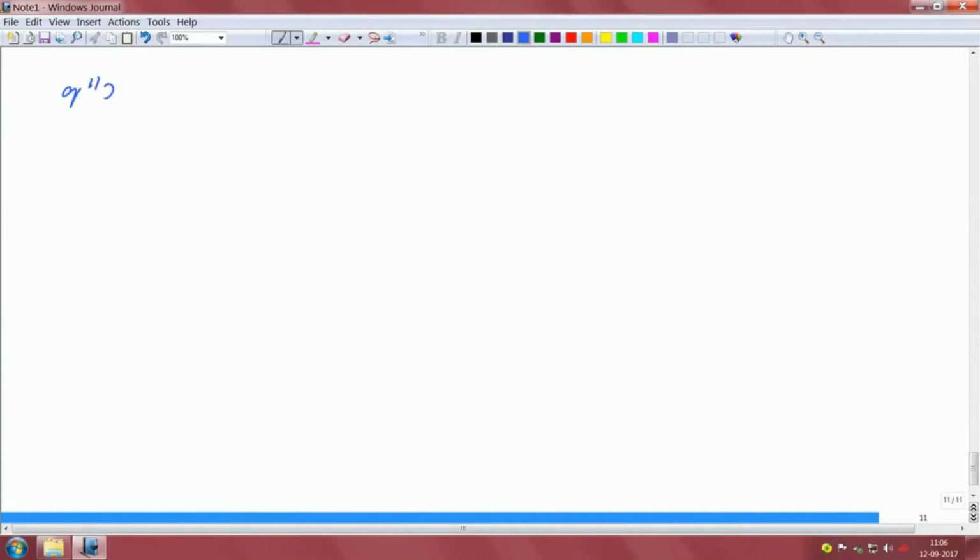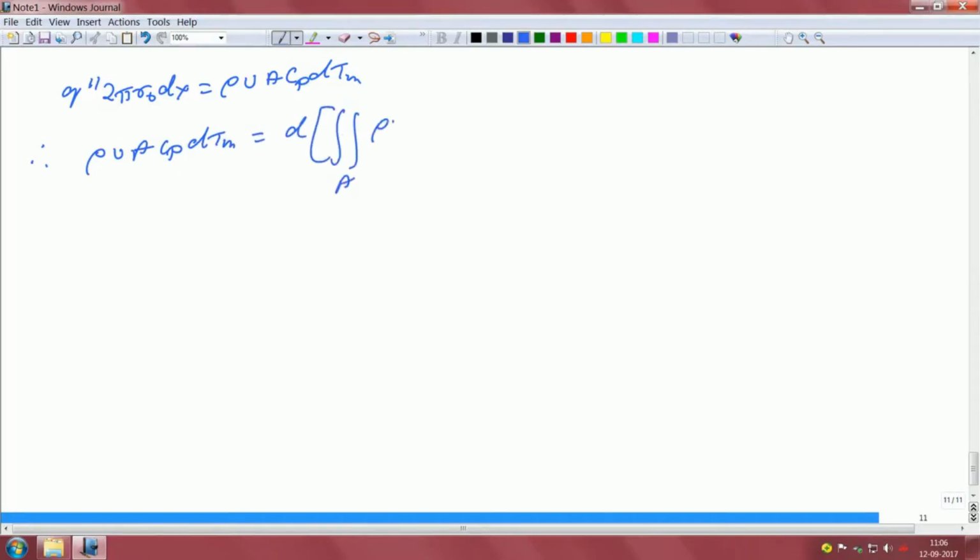Based on this expression, we also know that q double prime 2 pi r naught dx is given by rho um A Cp dTm, which we have just derived. Therefore rho um A Cp Tm is equal to the area integral of rho u Cp T dA. Got it? We are just replacing the temperature with that.